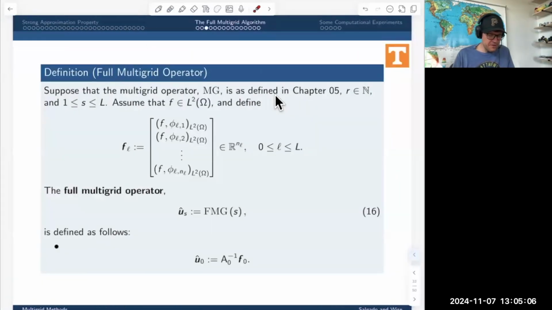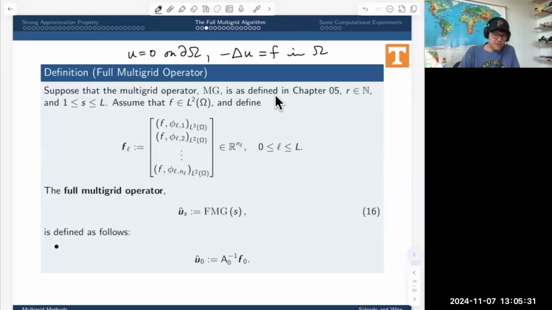So let me make a few definitions that are sensible. Suppose that f is the given known function in the problem that we want to solve. The problem we want to solve, to remind you, is the Laplacian of u equals f, let's say in 2D, with u equals 0 on the boundary.